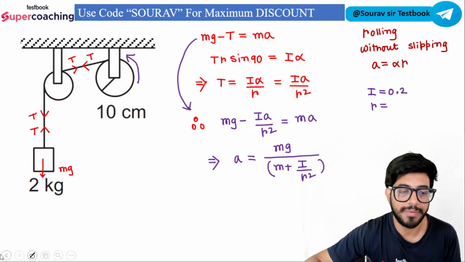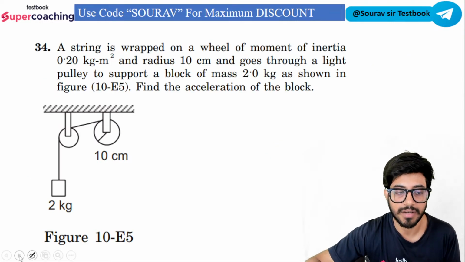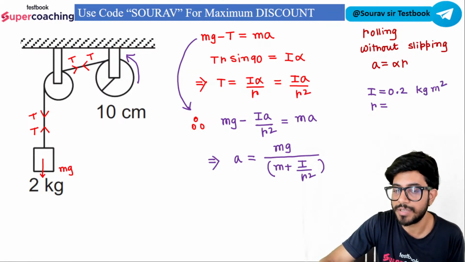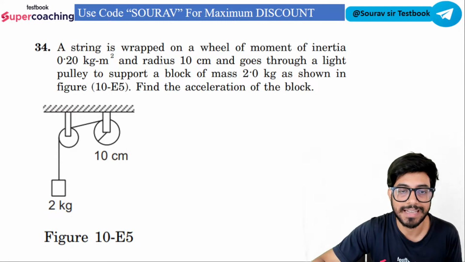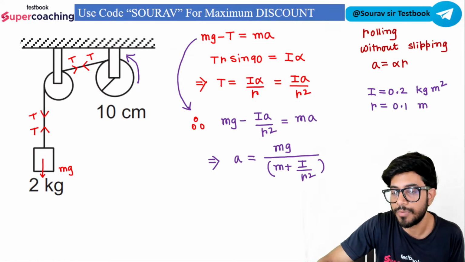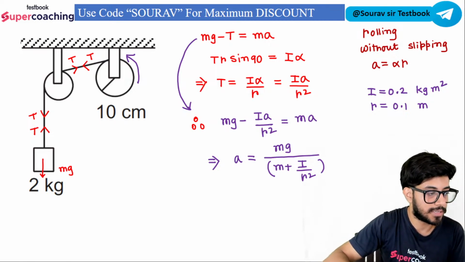R is given in centimeter, please bring it in meter. You can't put centimeter, everything is kg meter square. So 10 centimeter is 0.1 meter. So if you just do the calculation now, you will get the answer.